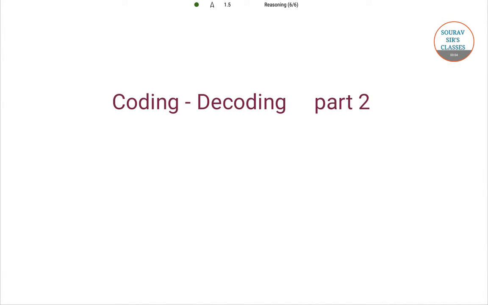This video is Coding Decoding Part 2, and in this video we will learn about the type of coding in which the letters of the words are replaced by other letters following a certain pattern.